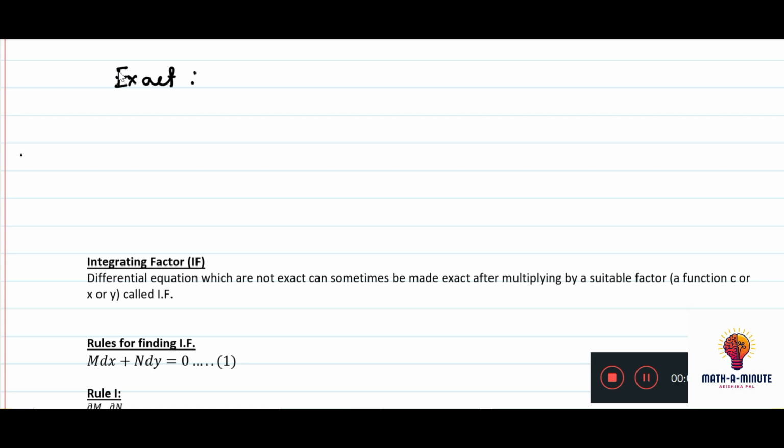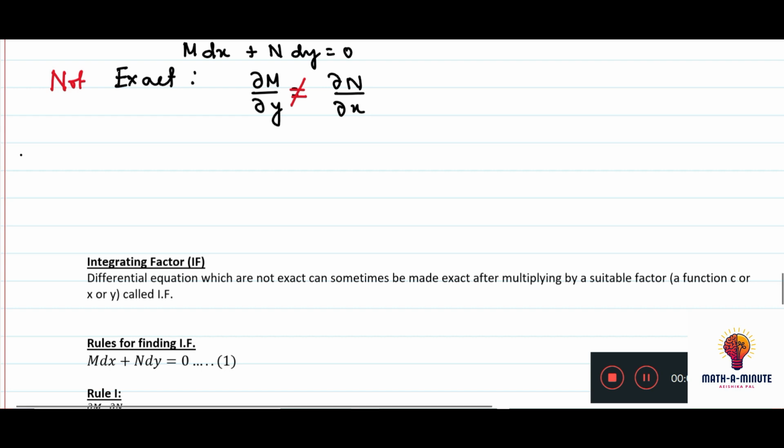Exact means, for any first order first degree equation denoted by M dx plus N dy equals 0, the equation is said to be exact if it satisfies the condition del M del y equals del N del x. And it is said to be not exact if del M del y is not equal to del N del x.